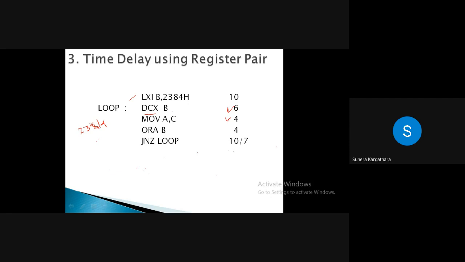So with these two instructions, what we want to make sure is कि मैं अपना C का डेटा A में लेके उसको ORing ऑपरेशन कर रही हूँ B से. मतलब whenever I come out of the loop, my B and C both contents must be 00. Suppose my content of B and C is like 2384, when I write DCX, ultimately that will subtract 1 from my lower order register.